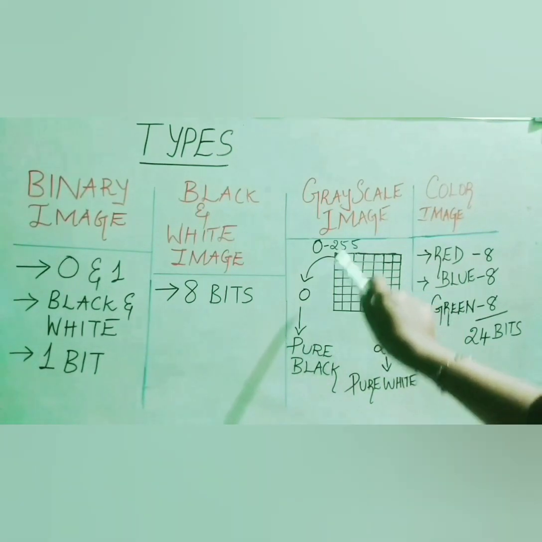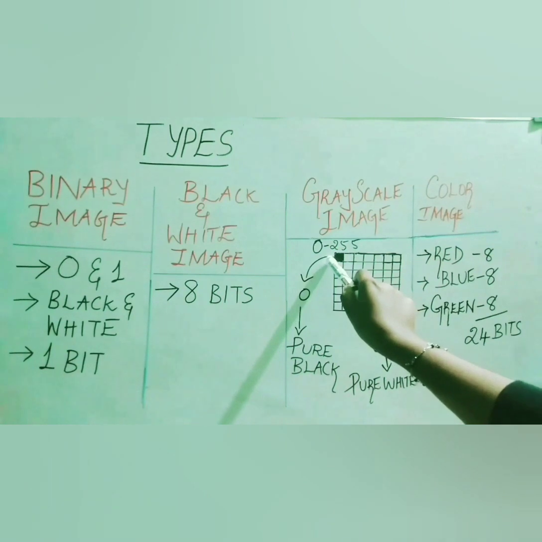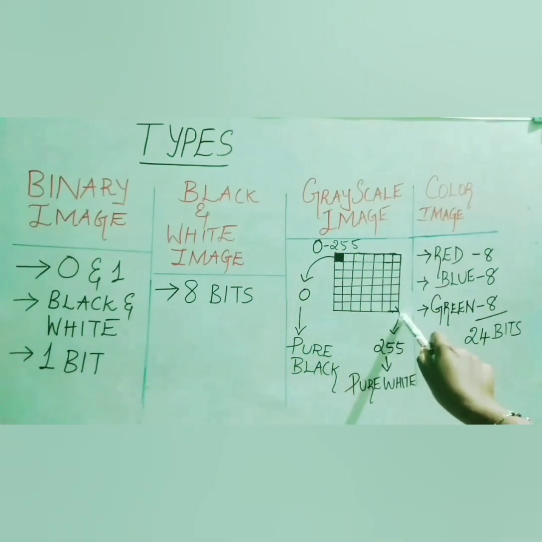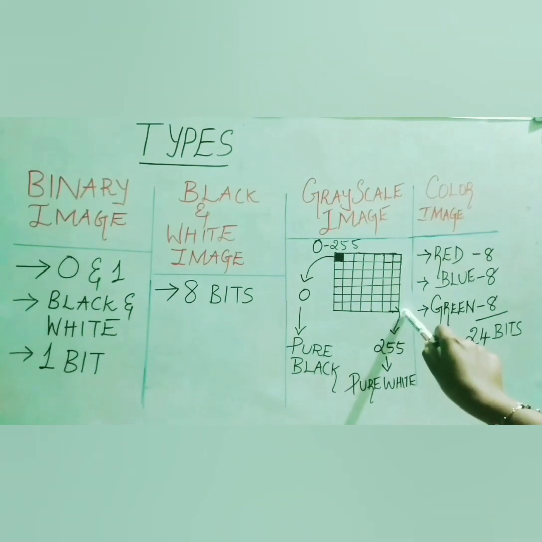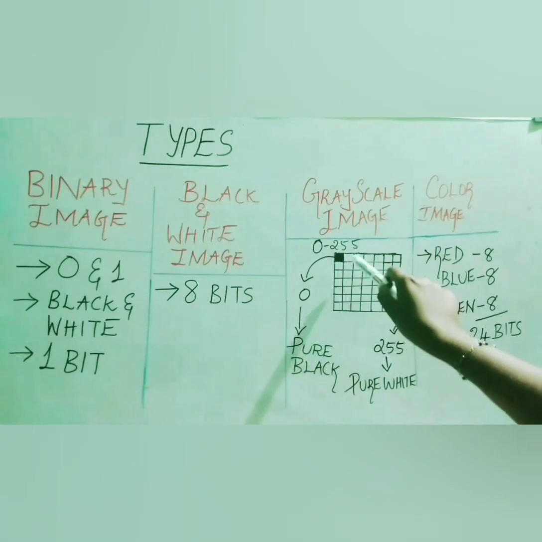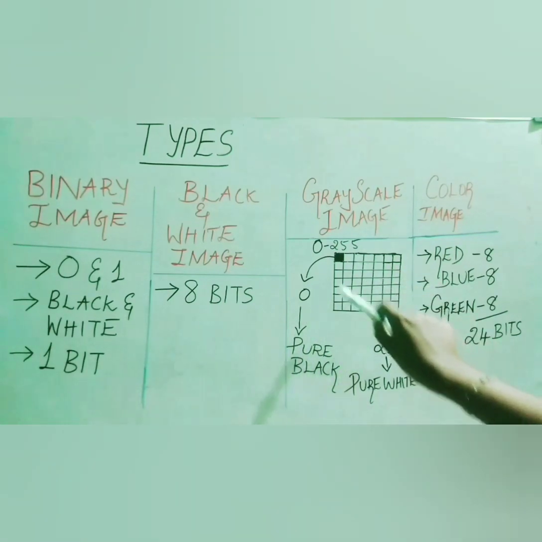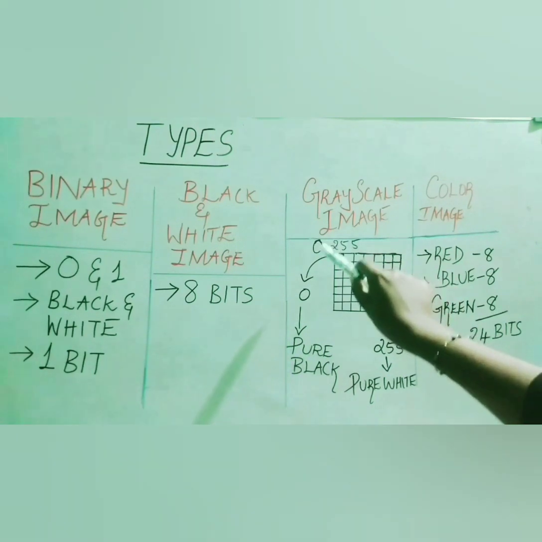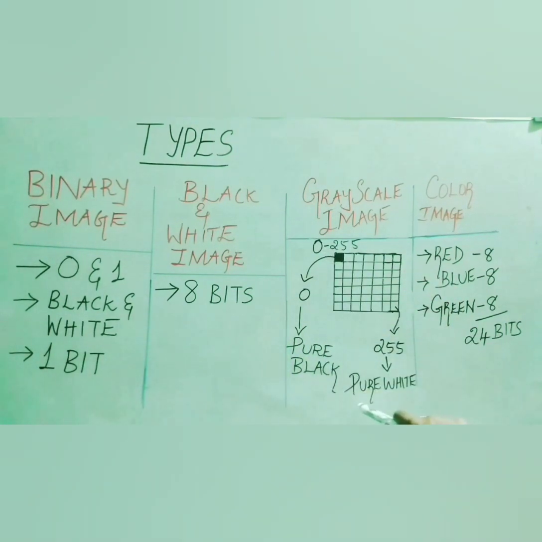Now let's see this matrix. Pure black starts with 0 and it keeps on increasing, and the dominance of white comes below. So this is 255. All the boxes in the matrix represent the transition that happened from pure black to pure white.